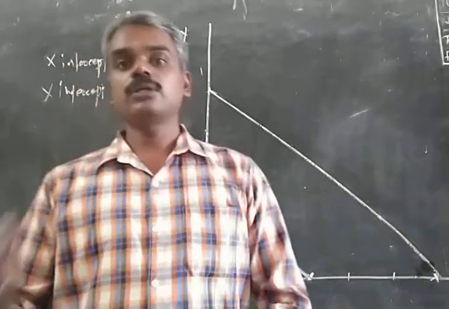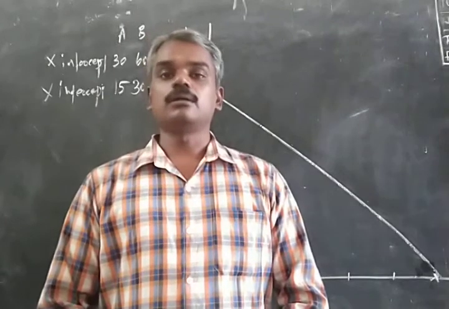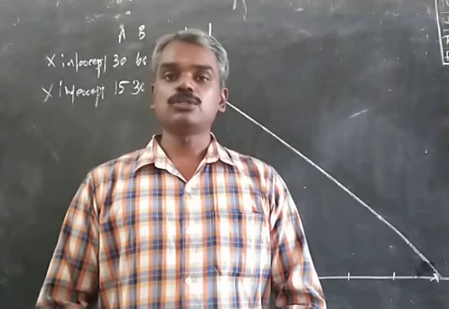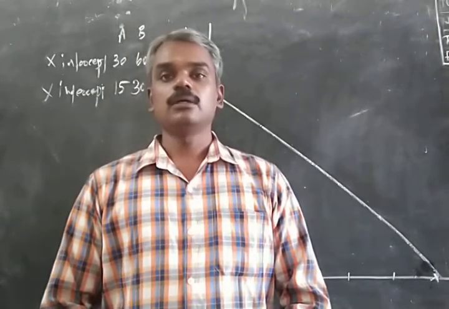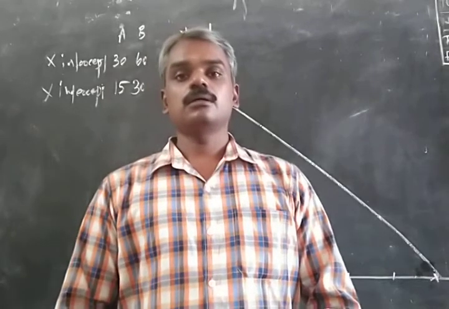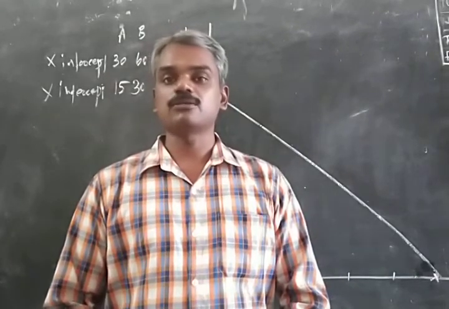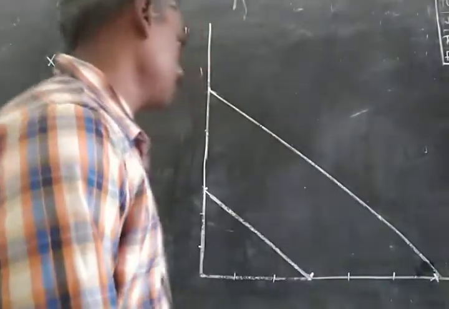And when we are plotting these successive points of equilibrium of the consumer on higher and higher budget lines, we get a curve which is called an income consumption curve. So an income consumption curve is a curve which shows the successive equilibrium points of the consumer as his or her income increases.